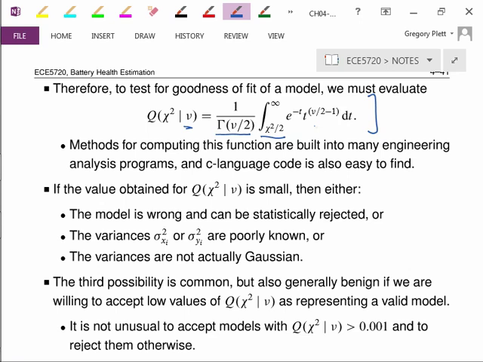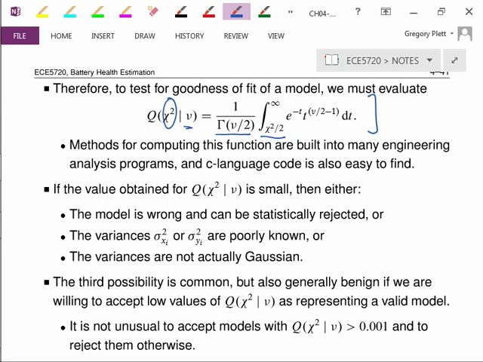So what are we going to do? We'll compute our chi-squared value based on our estimate of q hat and our data, and we'll stick our estimate in here and evaluate this function. We know the number of degrees of freedom. It's either n minus 1 or 2n minus 1 depending on the method, and we'll get a number, and this number is going to be between 0 and 1.